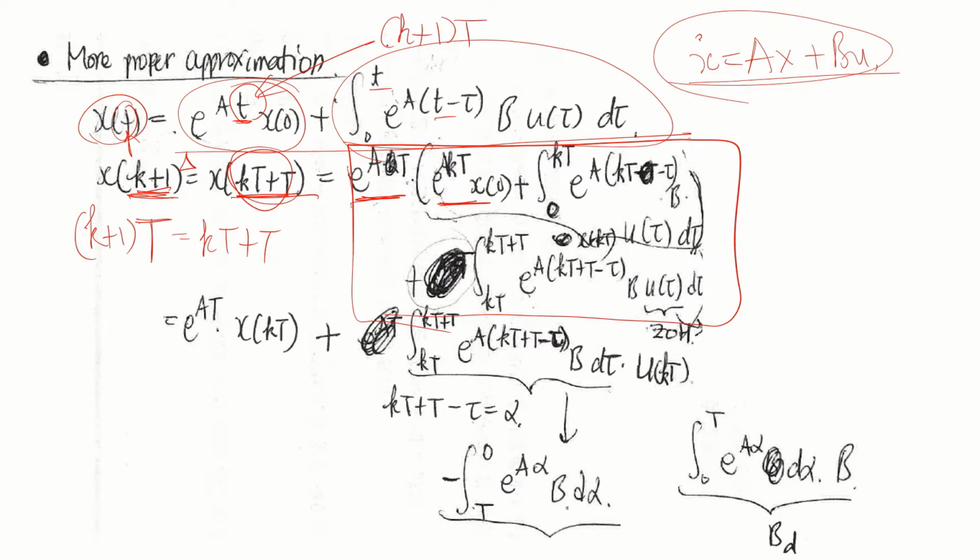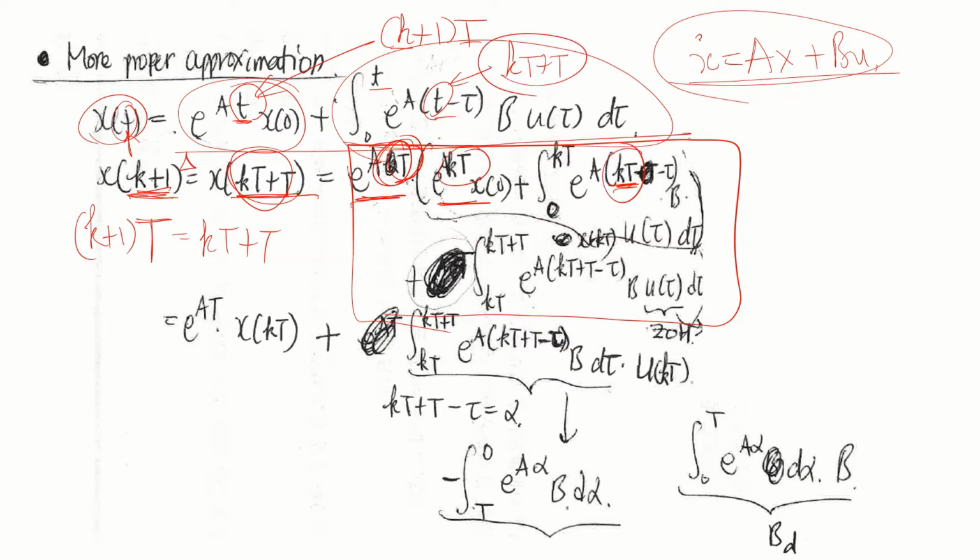You split this (k plus 1)T into kT plus T. So you have kT and T. And then this one is kT plus T, right? And so you have kT here and T. If you multiply this guy and this one, then you have this.